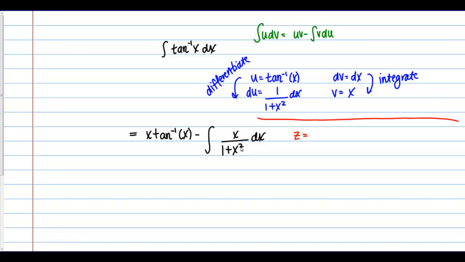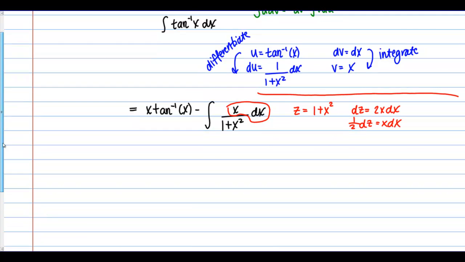It looks like it would be good to let z equal the denominator of my fraction here, this 1 plus x squared. The reason that's good is because when I compute dz, the derivative, it's going to give me 2x dx, and I see that I have this x dx on top. So I can rearrange this a little bit and write it as 1/2 dz equals x dx. Okay, now I'm all ready to make my substitution.